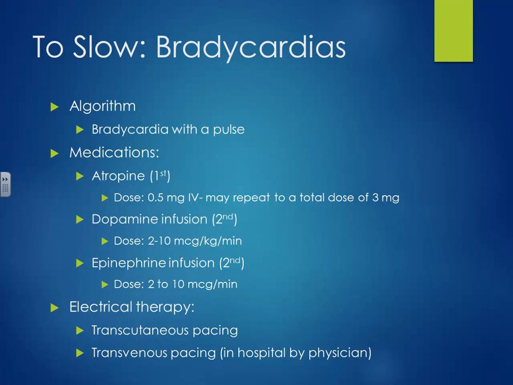Can y'all think of any other medications that you would throw on there? Not if I'm going by AHA guidelines, right? And then our electrical therapy would be transcutaneous pacing in the field, and then if they go to the cath lab, before they actually insert a permanent pacemaker, they're going to run wires up and they're going to do transvenous pacing. All right?